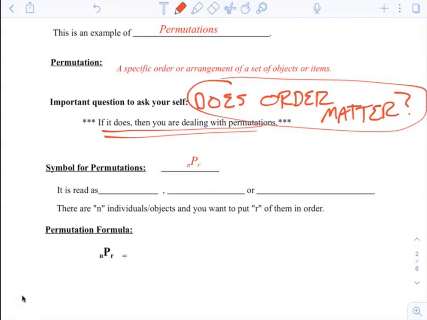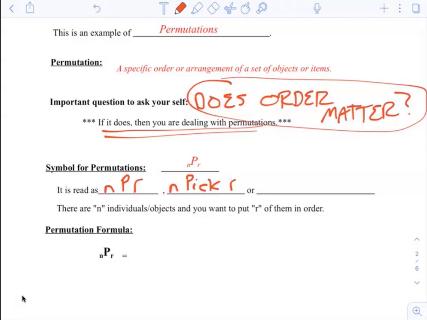Okay? So let me tell you a little bit more about them. But when we're looking at these, we can do this because the order is what we're looking at mattering. So here's the symbol for permutations, nPr. So you can read it just like I read it, nPr. Another way to think about it is n pick r. We're picking a certain order of the r items.